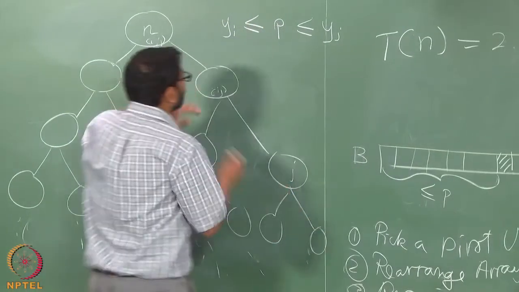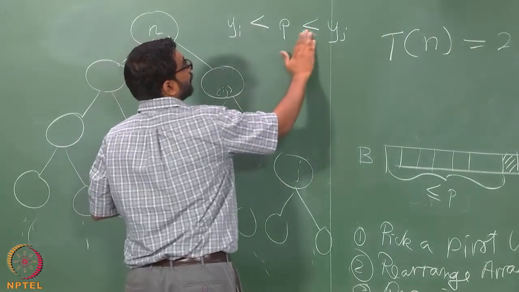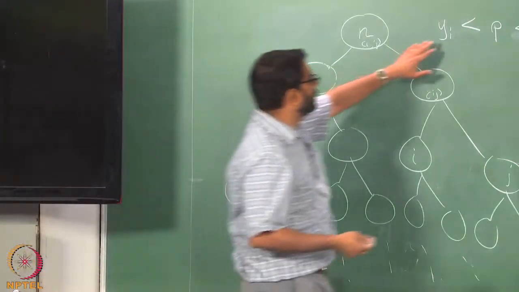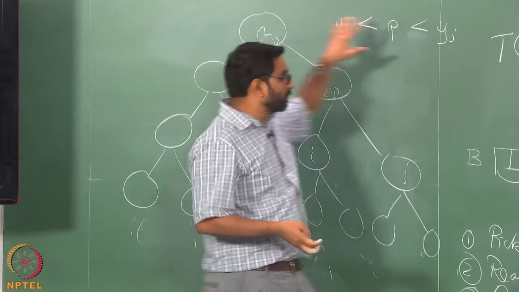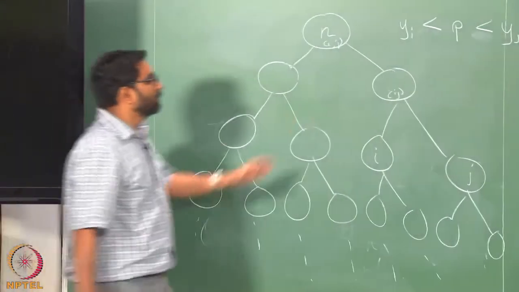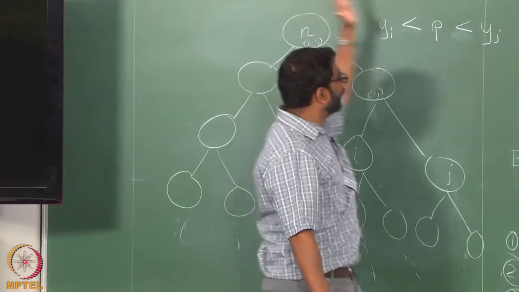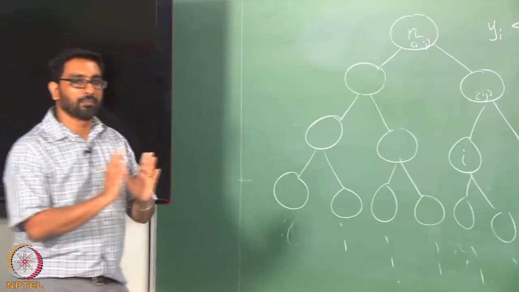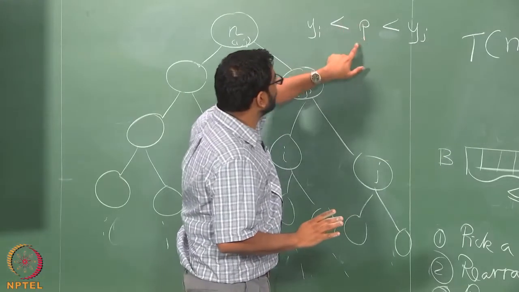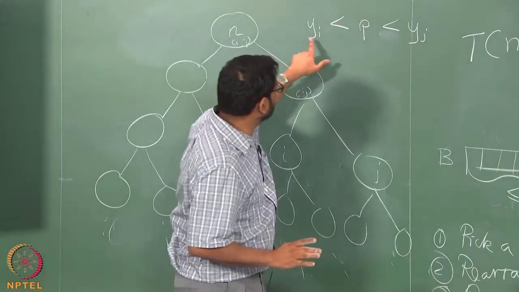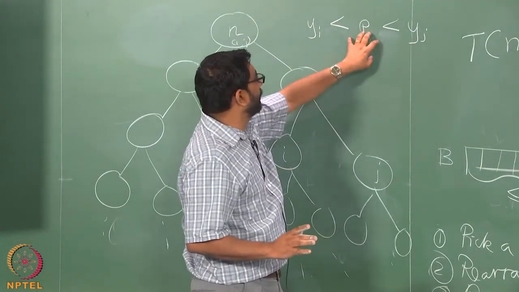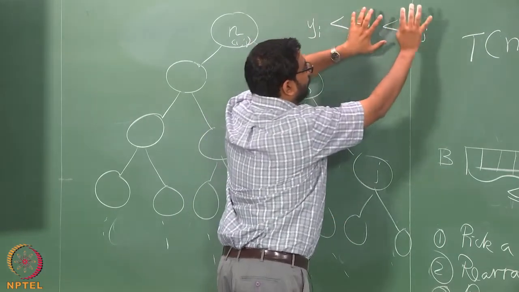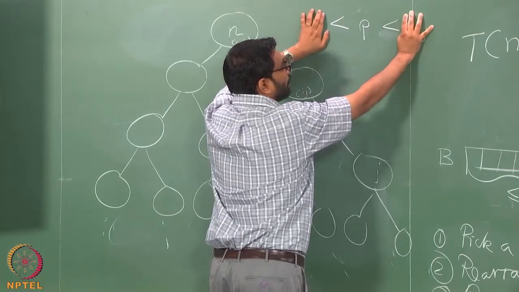Let's consider the case where the pivot was strictly between Yi and Yj, and neither Yi nor Yj. Up until this point in time, the pivot is always fully to the left of Yi or fully to the right of Yj, which means that Yi and Yj themselves were never compared. Even at this point when they were split, since the pivot is neither Yi nor Yj, Yi was compared with the pivot and Yj was compared with the pivot, but these two were not compared.